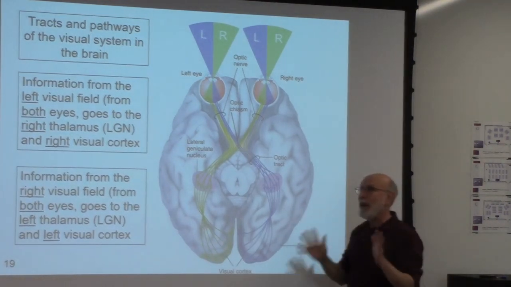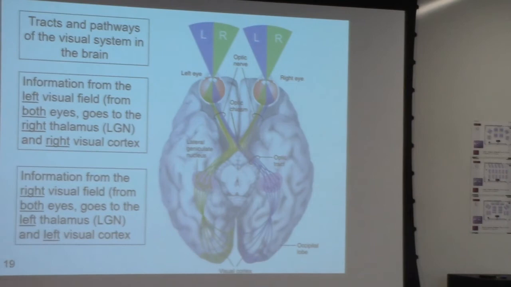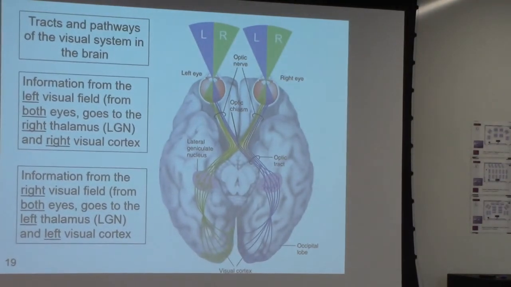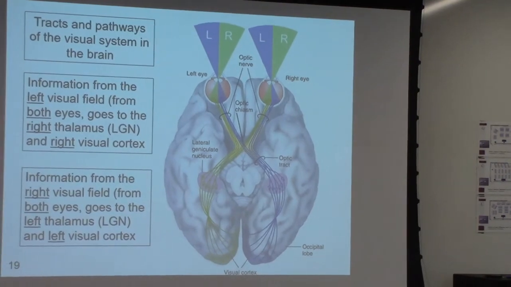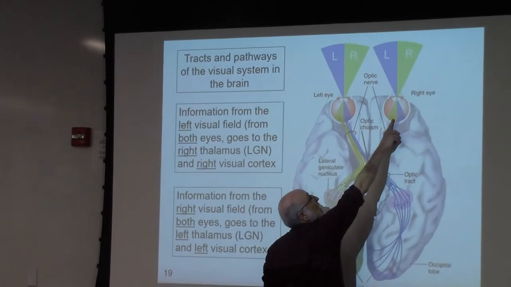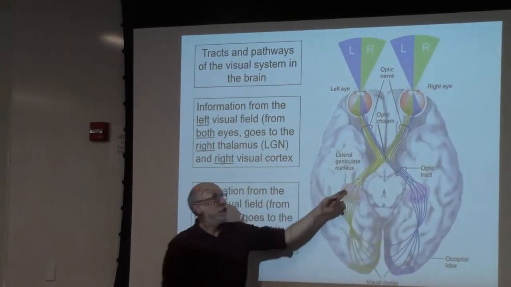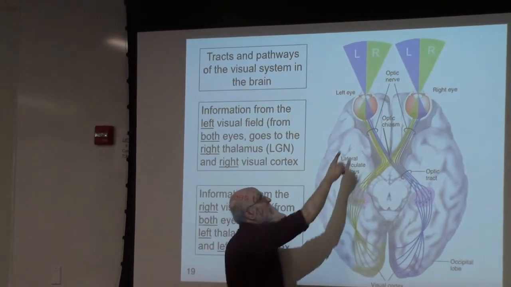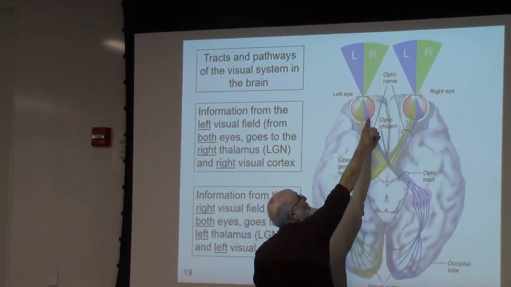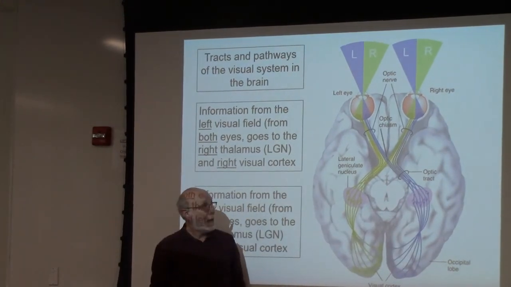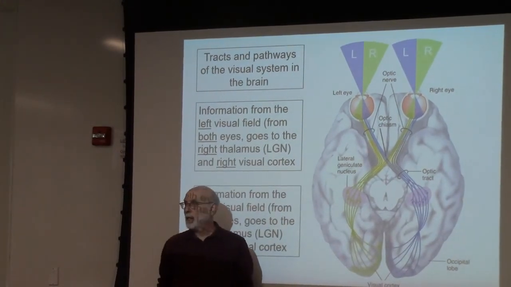On the other hand, axons from the nasal or medial part of the retina cross. So axons from the medial part of the right eye go to the left lateral geniculate. And axons from the medial or right part of the left eye go to the right lateral geniculate.